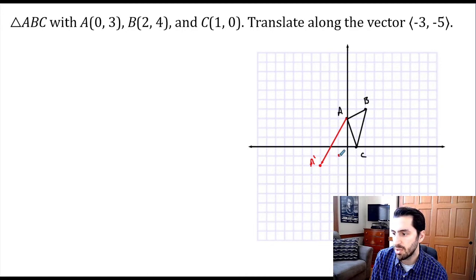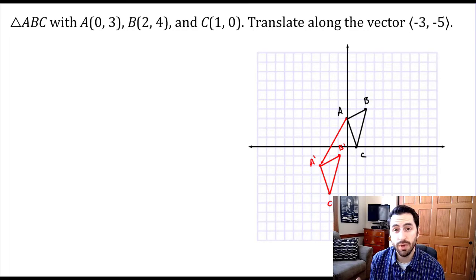So here's B prime. And then lastly for C, 1, 2, 3, and then 1, 2, 3, 4, 5. And then that point will be C prime. So again, I will connect these together to form our triangle. Okay, so here's our image, A prime, B prime, C prime.